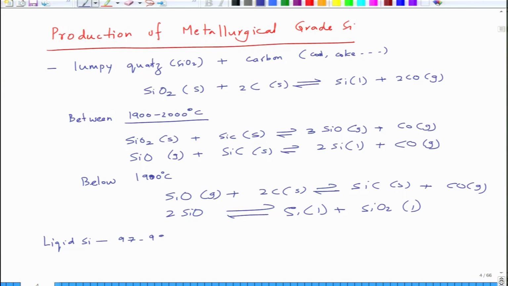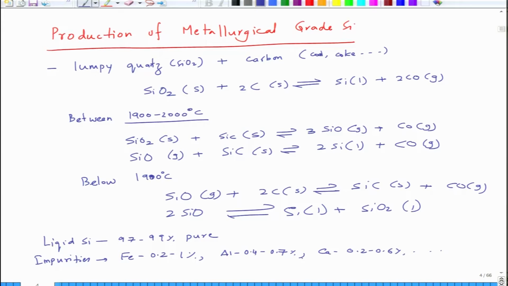97 to 99% pure, with impurities like iron at about 0.2 to 1%, aluminum at about 0.4 to 0.7%, then calcium at 0.2 to 0.6%, and so on.